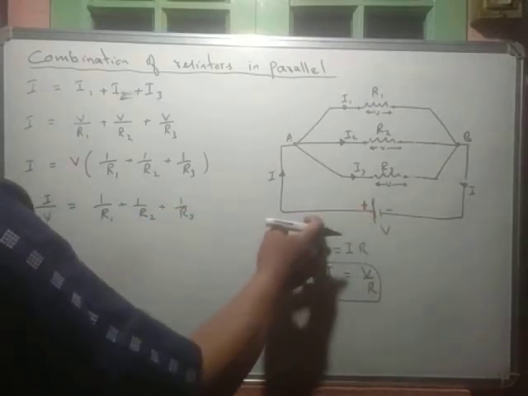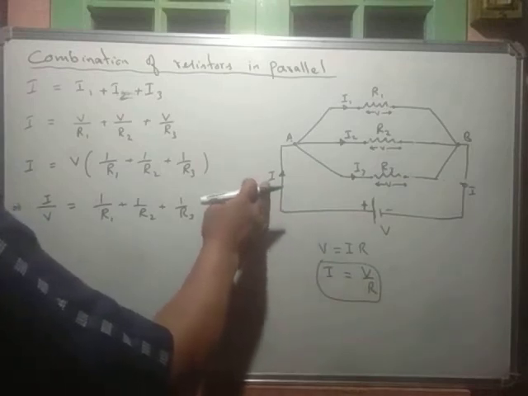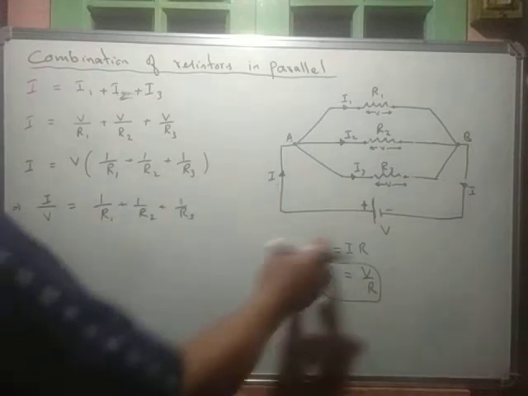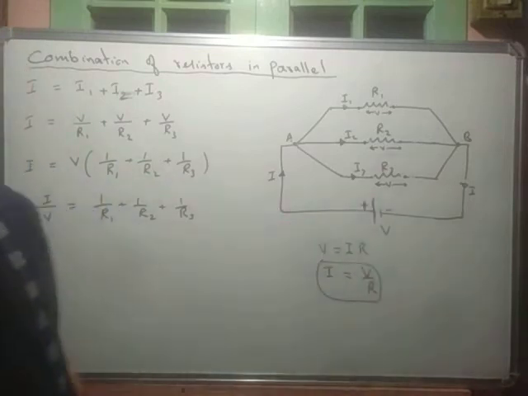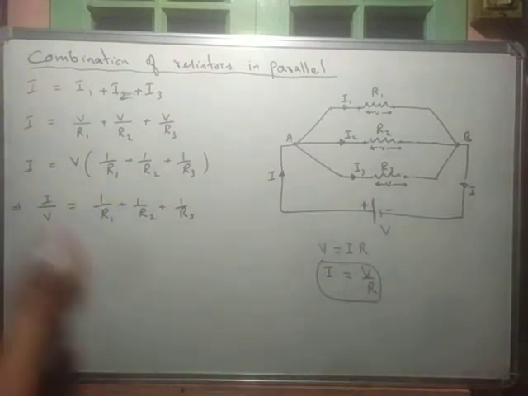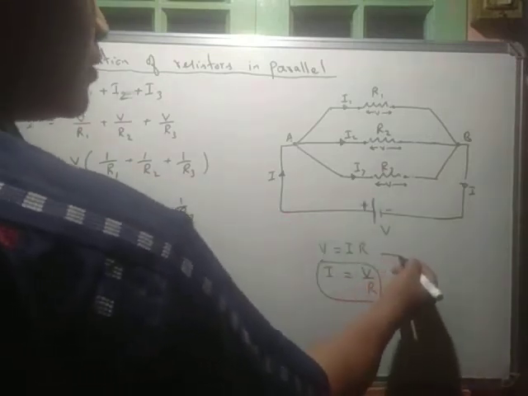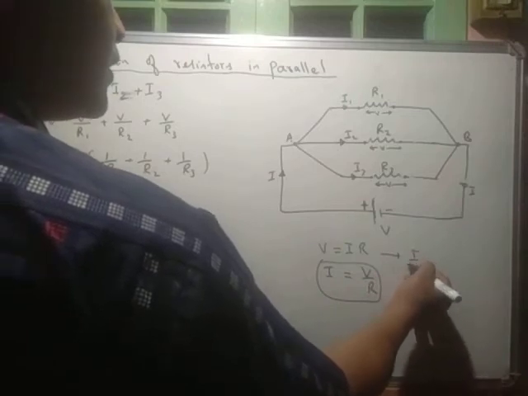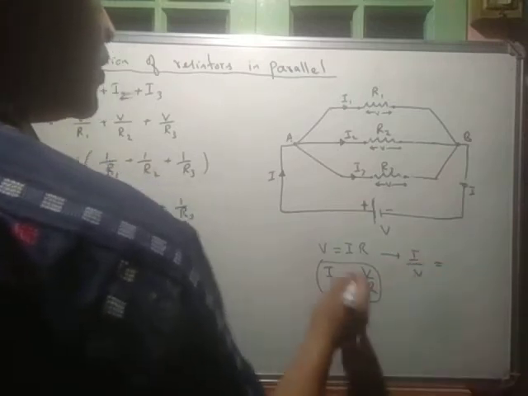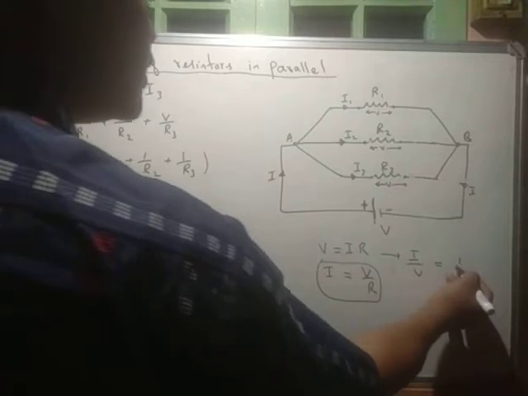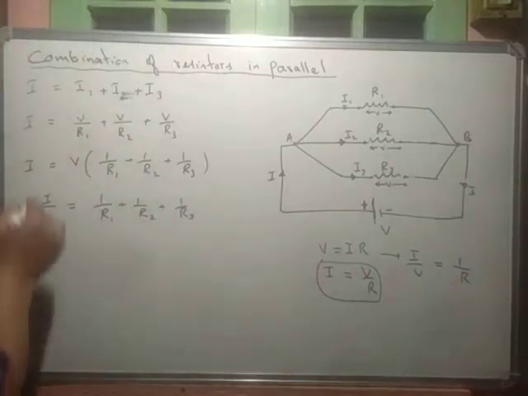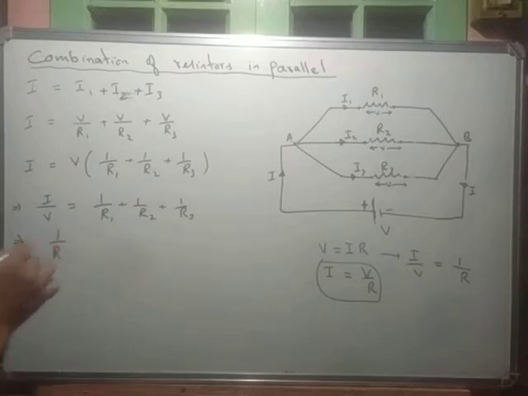I is the total current sent by the cell, and V is the potential difference of the cell. So I upon V means 1 upon R. This is the total current upon the total potential difference.